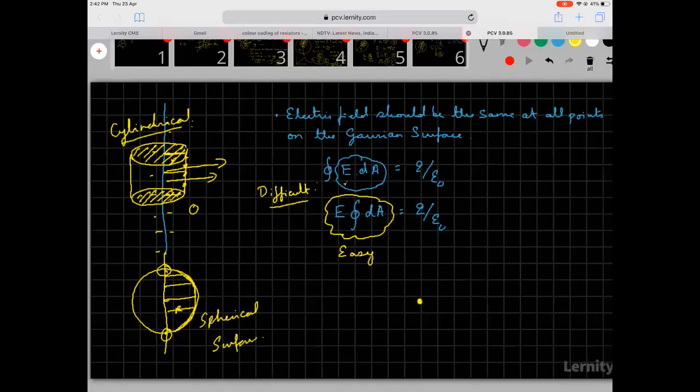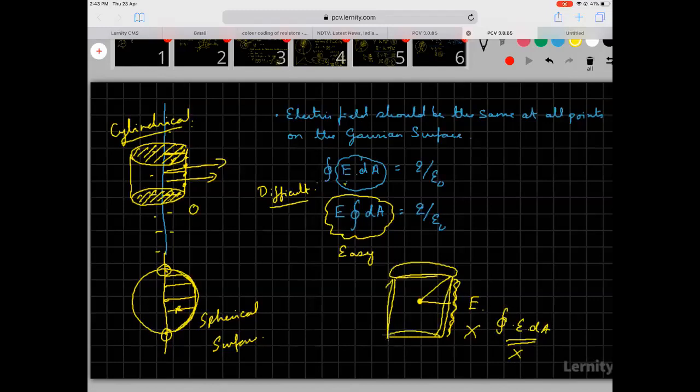Now, suppose I have a point charge. If I draw a cubical Gaussian surface, see, this distance is different, this distance is different. So, at every point here, the distance from the charge is different, so the electric field will be different. So, I don't do a cubical Gaussian surface because I can't perform the integral of E dot dA. Do you understand? Even if I draw a cylindrical Gaussian surface here, I can't, because this distance is different, this distance is different.